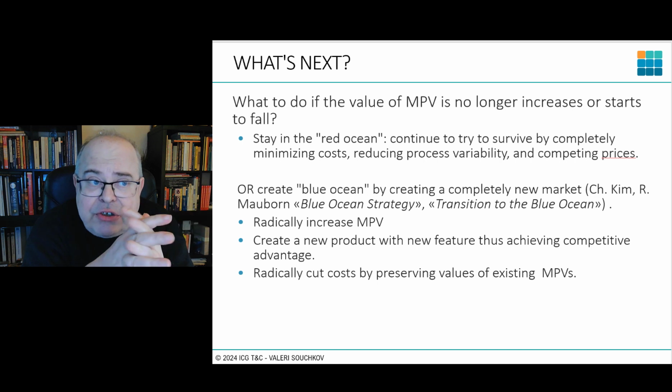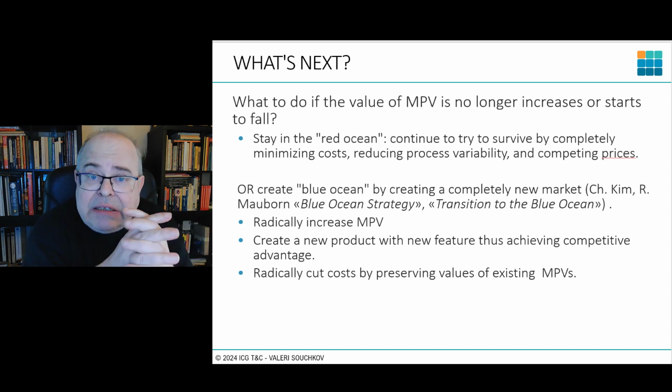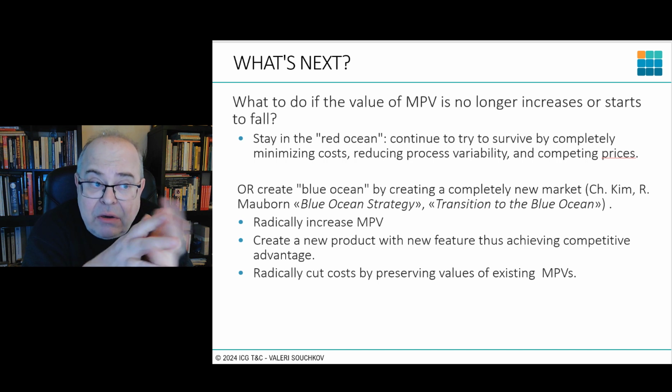We will continue to try to survive by completely minimizing cost, optimizing processes, reducing process variability, introducing competitive prices, and that's it. Or we can move to a blue ocean by radically increasing the value of MPVs. We can create a new product with a new feature, thus achieving competitive advantage and creating a totally uncontested market. Or we can radically cut costs while preserving the values of existing MPVs.